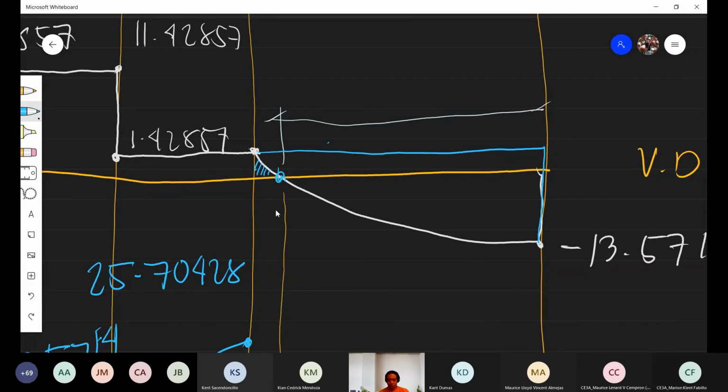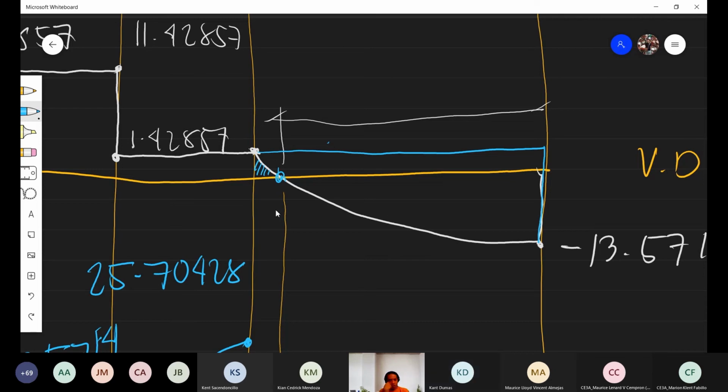How can you solve it? The area, sir, is the quadrilateral minus the spandrel.